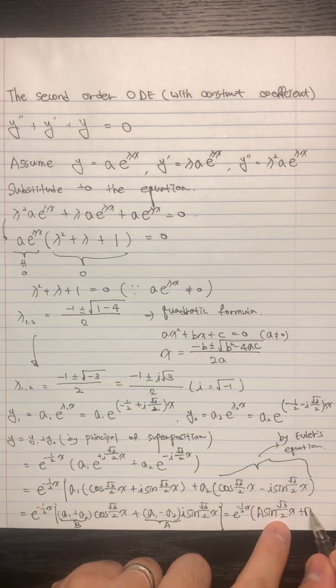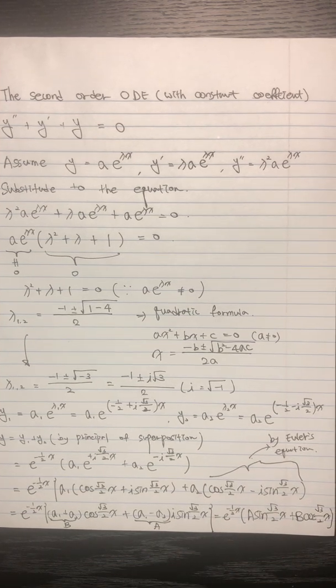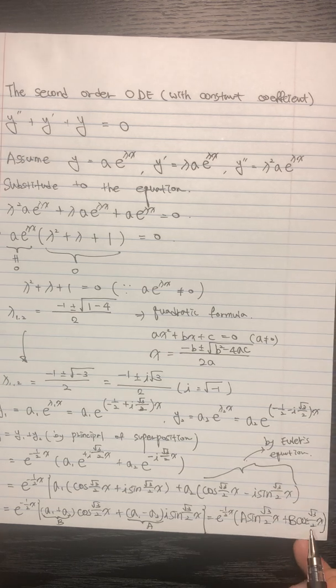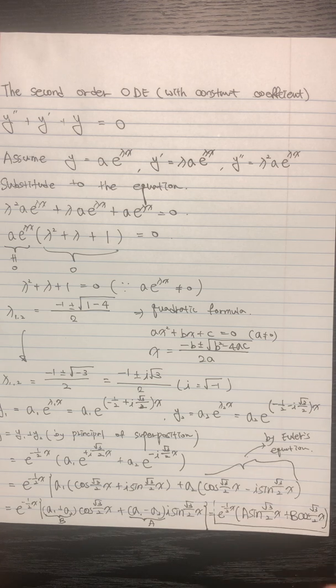And plus B cosine of square root of 3 over 2 x, multiplied by exponential of minus 1 over 2 x. So this is our final answer. Got it? Yeah, that's all for today. Thank you.